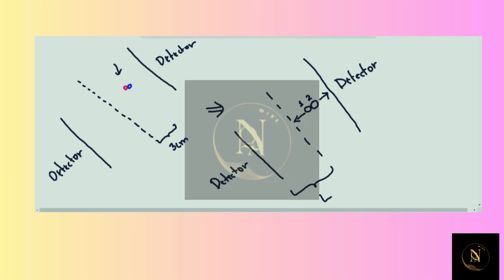So for this problem, we have a positron-electron annihilation, as is shown in this figure, and it occurs at 3 centimeters from the center of the line connecting two detectors. Now, we know that the resultant from this are two photons, also 3 centimeters from the center.